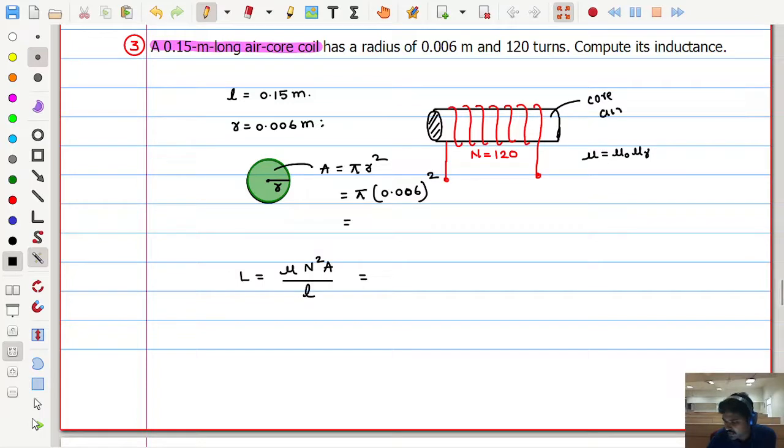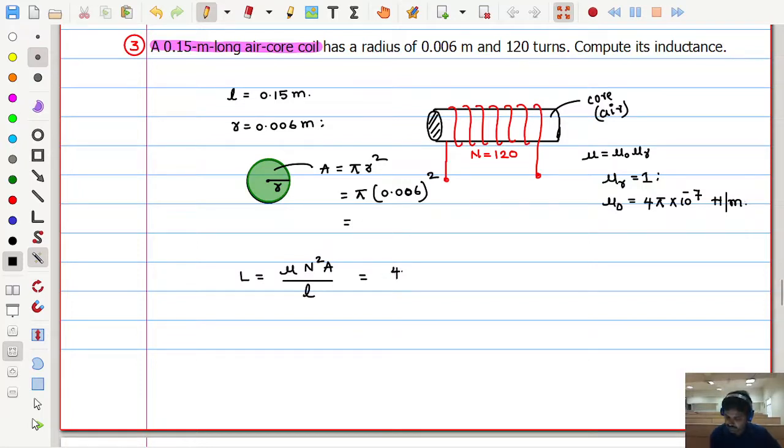Core is air. So for air, mu r is equal to 1. What is mu naught? Mu naught is the free space permeability, which is equal to 4 pi into 10 power minus 7 Henry per meter. Units are also important. Now use these things and substitute all of them here.